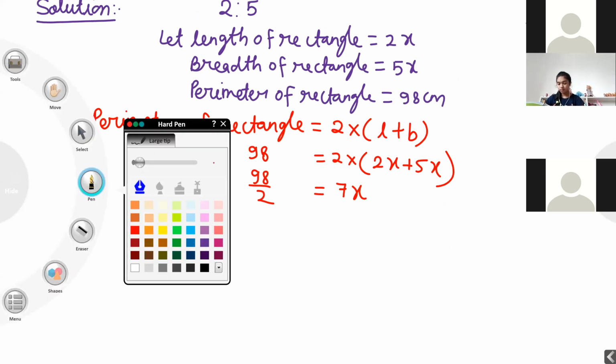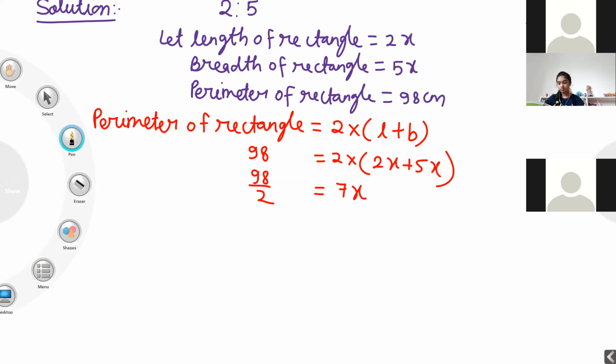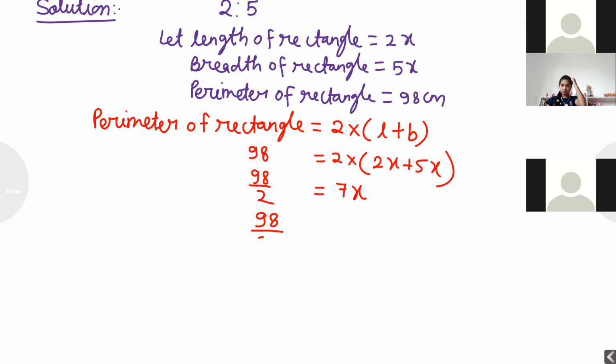Multiplication quantity becomes division. 98 divided by 2 into 7 is equal to x. Implies that x is equal to 98 divided by 14. 14 times 7 is 98. The value of x has come 7.